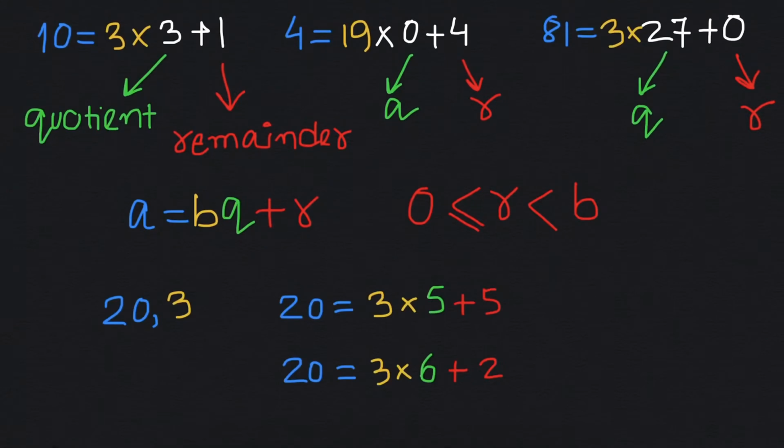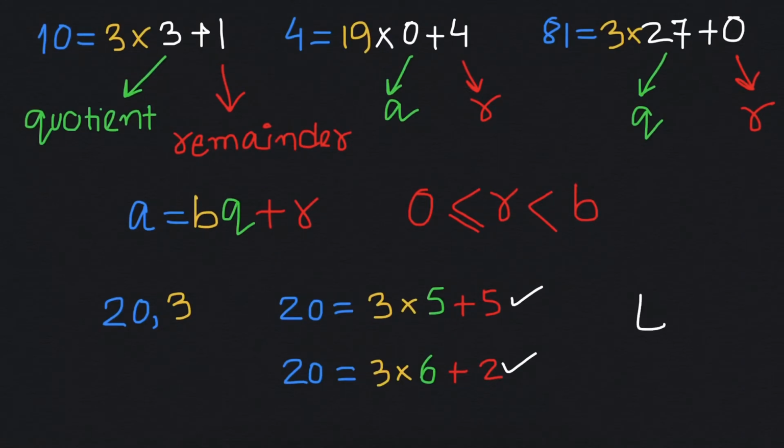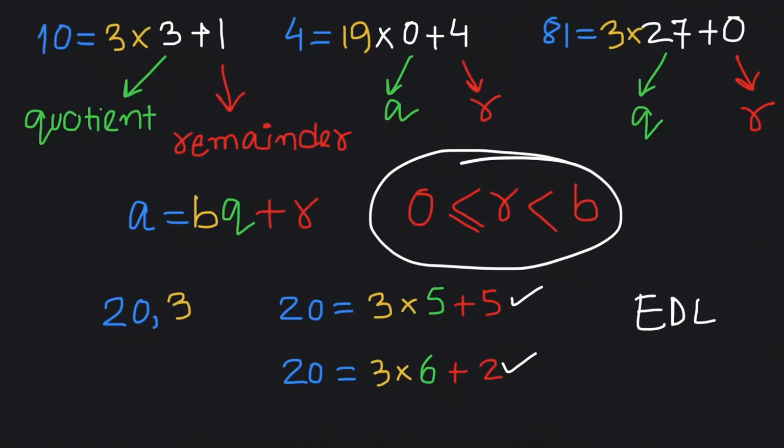Again, if we consider another pair, 20 and 3, we can rewrite it as 20 is equal to either 3 into 5 plus 5 or 20 is equal to 3 into 6 plus 2. Both are mathematically correct, but according to Euclid's division lemma, we have to maintain that r should be greater than or equal to 0 and always less than b.